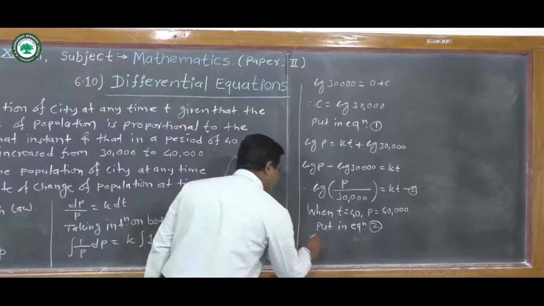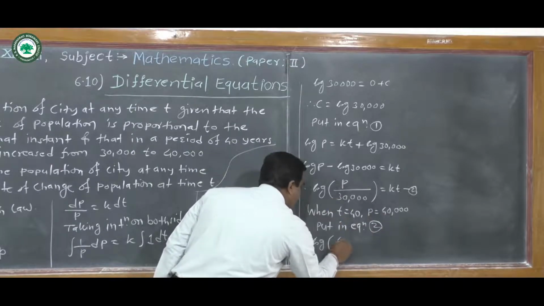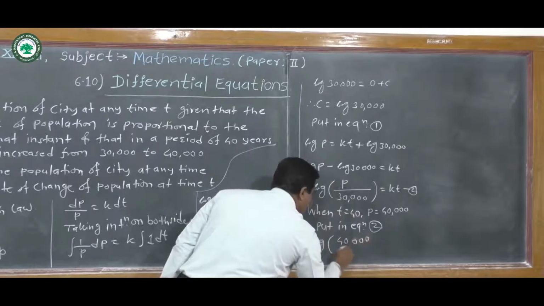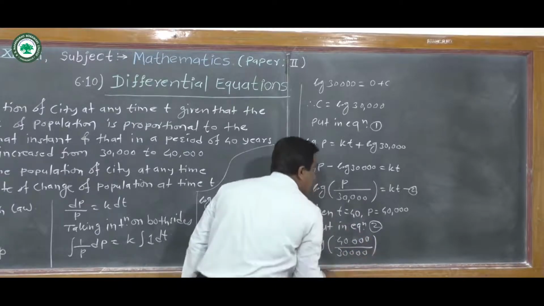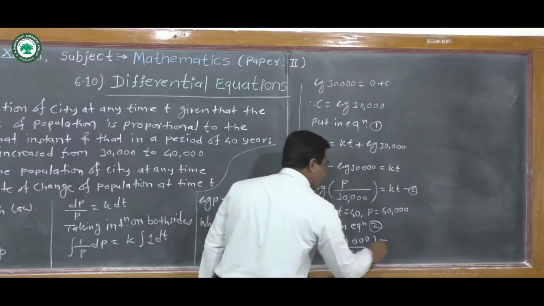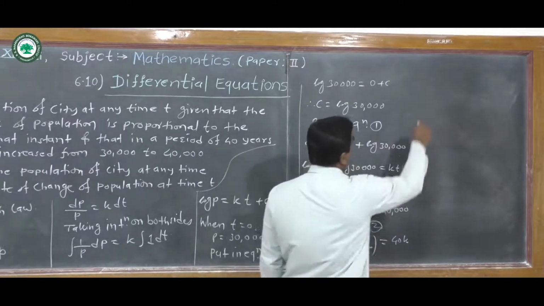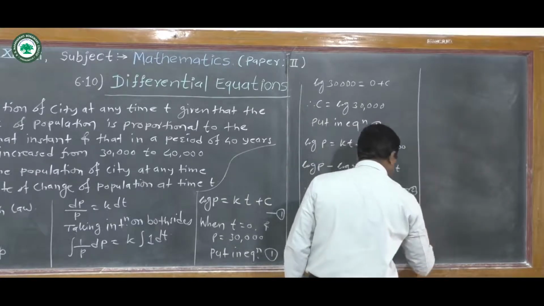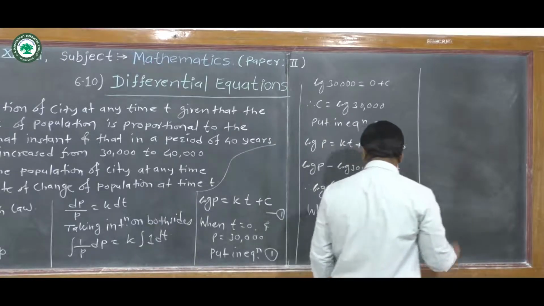Then we can write log of P, means 40,000 upon 30,000, is equal to k into 40. That is 40 into k. That is, we get here log of 4 by 3.